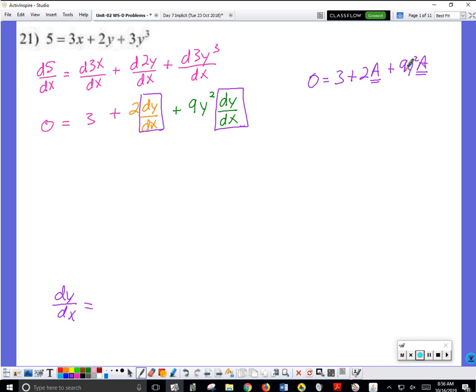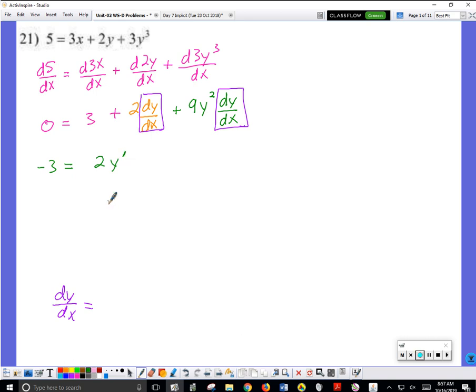So we won't do this; it's just to help you feel more comfortable. Let's see. Move the 3 over here: negative 3 equals 2. An abbreviation for dy dx is y prime.